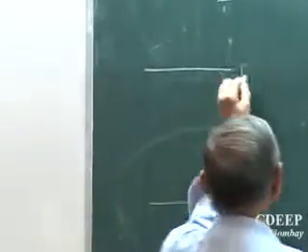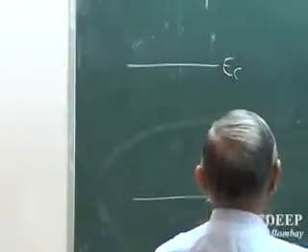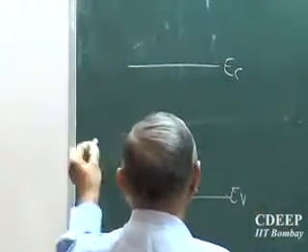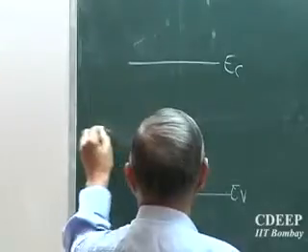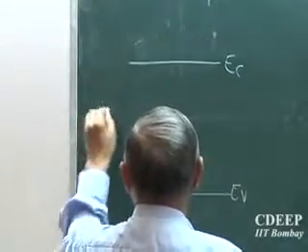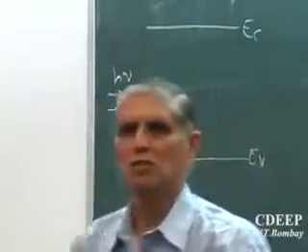Let's say this is our semiconductor, and I shine a beam of photons with energy h nu, where the wavelength is lambda, so the energy is hc by lambda.